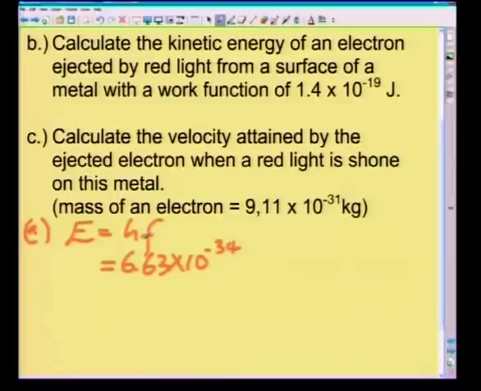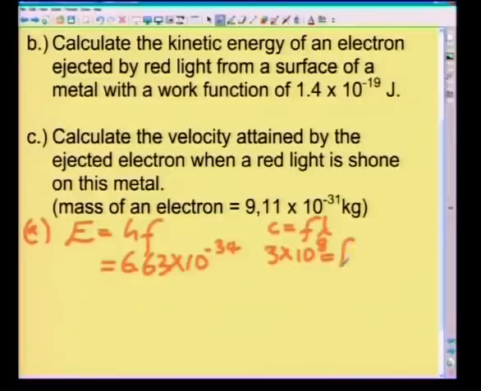But F is not what we have here. We have lambda. For us to get lambda, we will make use of the wave equation. I'm the kind that does not want to be confused, so I work it out separately.